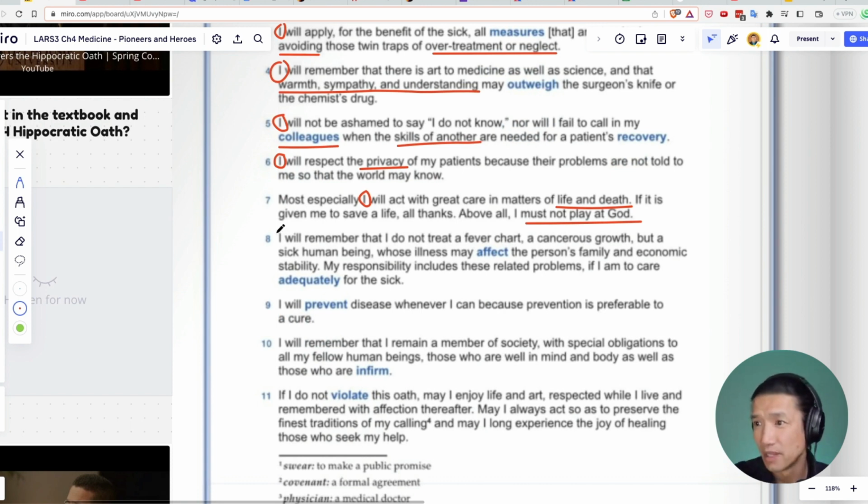I will remember I do not treat a fever chart, a cancerous growth, but a sick human being whose illness may affect the person's family and economic stability. My responsibility includes these related problems if I'm to care adequately for the sick.